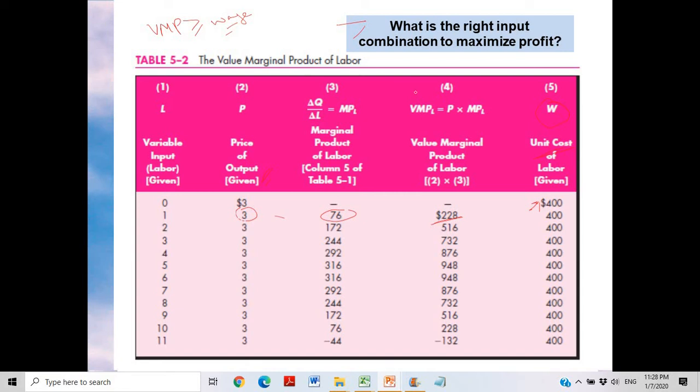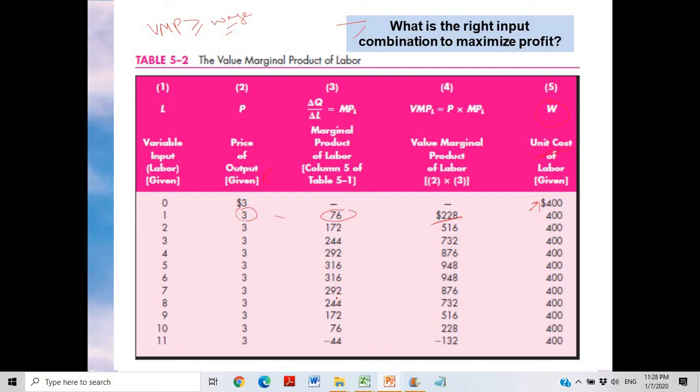Are you going to use the combination of 2 and 1? Because the fixed input is fixed, what varies is only this variable input. So what is the answer to the earlier questions? Are we looking at the maximum marginal product?